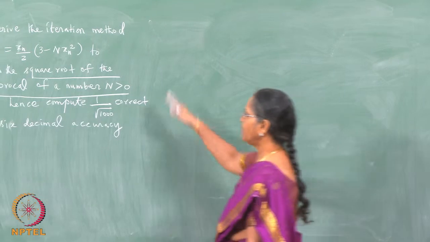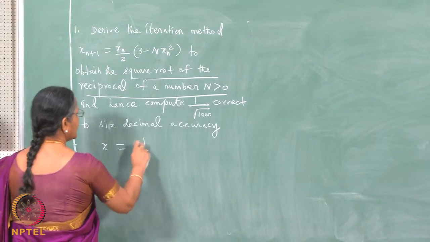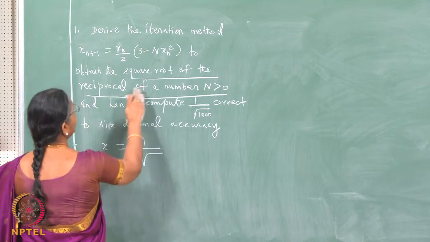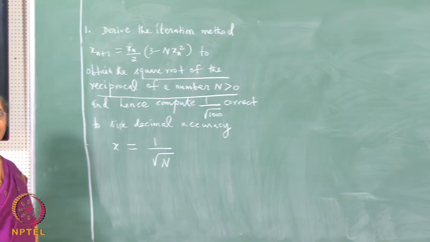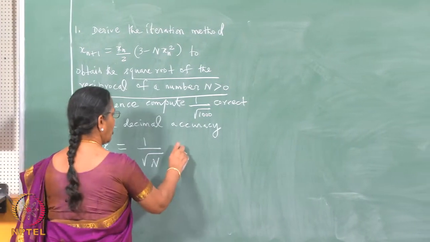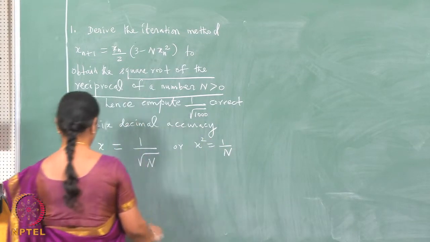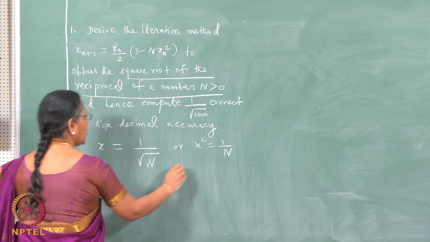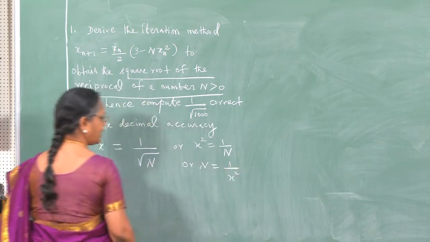So, what is the problem? We are required to obtain the square root of reciprocal of a number n. So, find x such that x is 1 by root n, or x square is equal to 1 by n, or n is equal to 1 by x square.